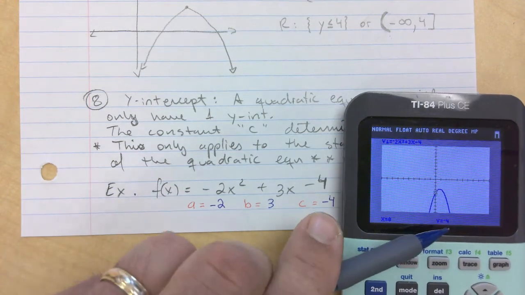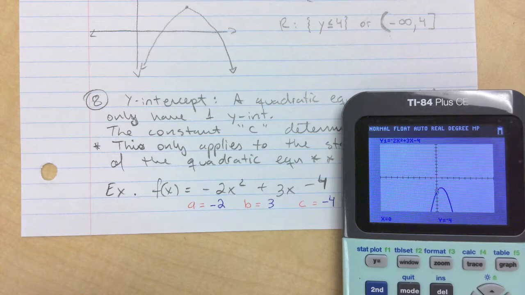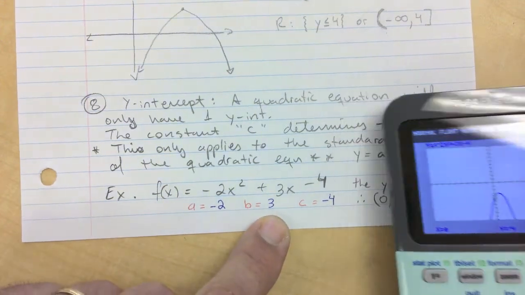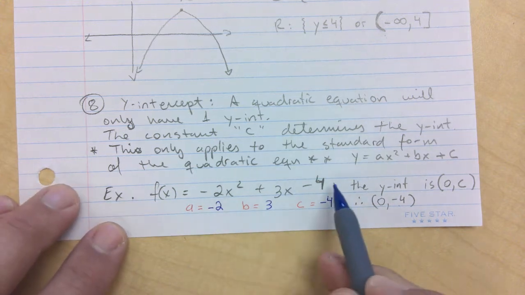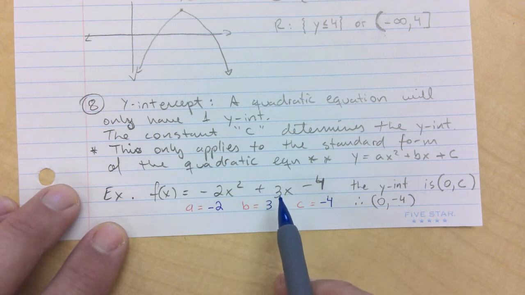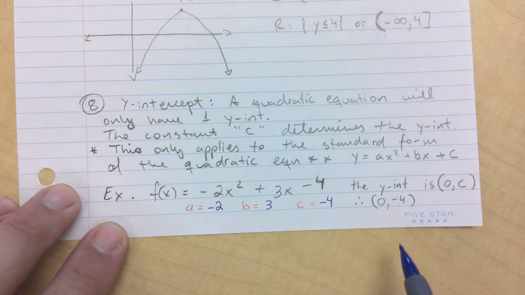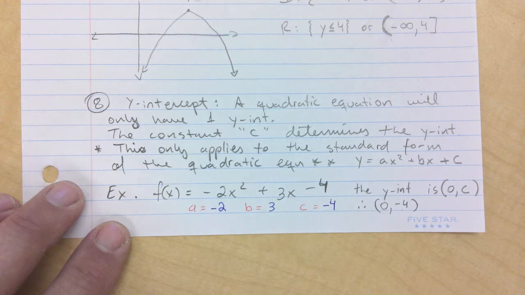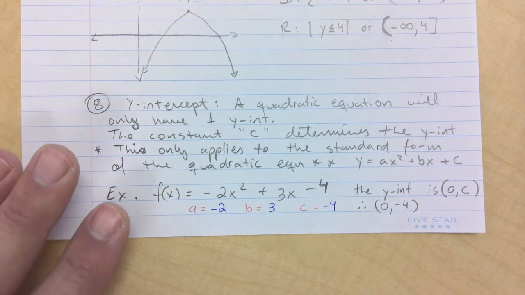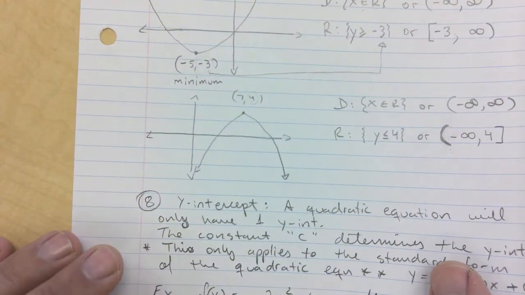It is negative 4, just like we wrote down here. So let's say you get some weird quadratic that doesn't look like this. You can always find the y-intercept using your calculator, okay? Because you are going to see some bizarre equations down the road. Use your calculators, and you'll find it every time.